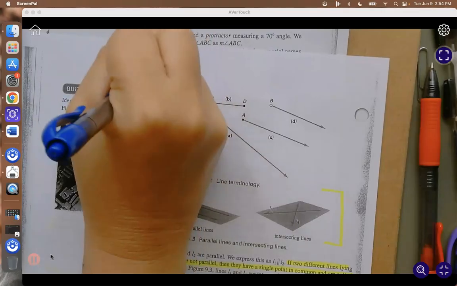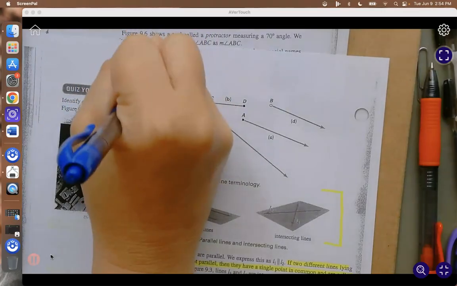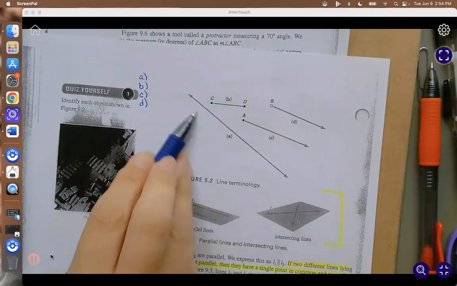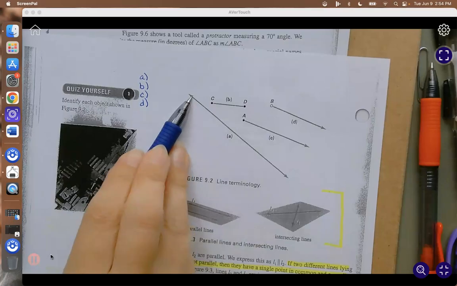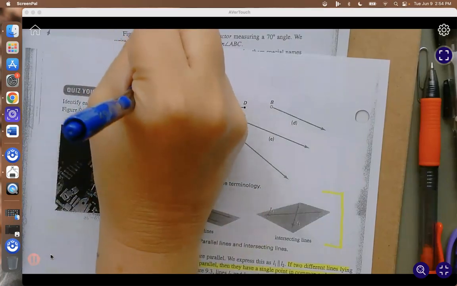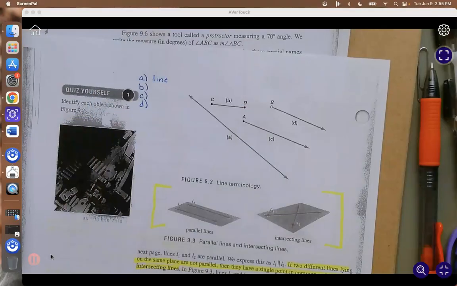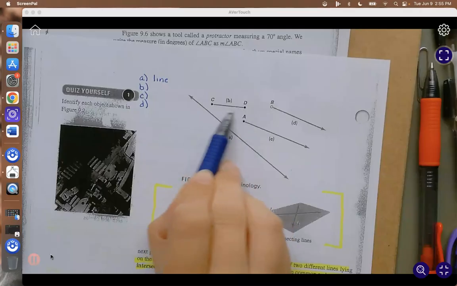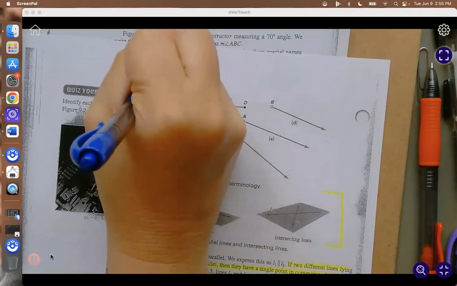Okay, so we had questions A, B, C, and D. A has 2 ends that go on and on forever. This, my friends, is a line. B has 2 endpoints with a line piece connecting them. This is a line segment.